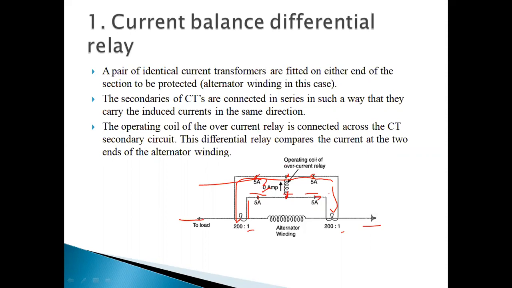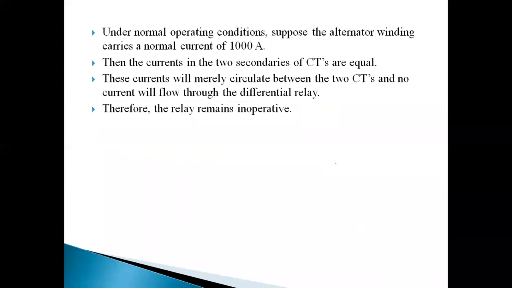It means that your relay will operate. Here actually no current is flowing. It means that your system is balanced under normal operating condition, so your relay remains inoperative, it will not operate.